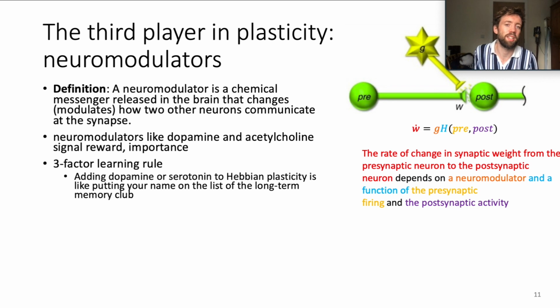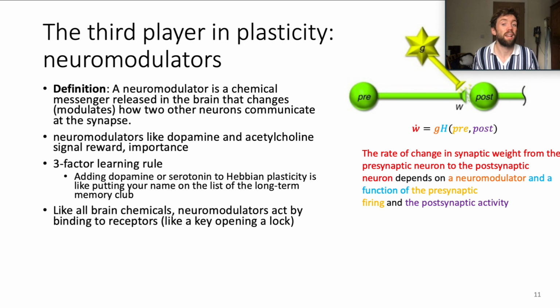So here essentially is what mathematically the three-factor learning rule might look like. It's very similar to the Hebbian learning rule, but now we have this extra factor G, which is the neuromodulator. So the rate of change now in the synaptic weights from the presynaptic neuron to the postsynaptic neuron depends on a neuromodulator G and a function of the presynaptic firing and postsynaptic activity.